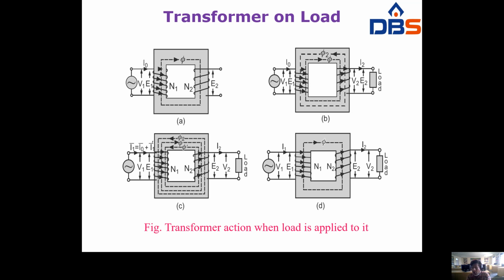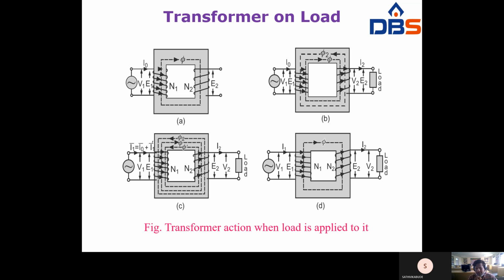Now if you connect a load, that produces I2 current. That I2 current will set up extra flux flowing from secondary winding to primary winding. But in the first figure, the primary winding produces flux flowing from primary to secondary in this manner. Please look at the figure and also listen clearly.